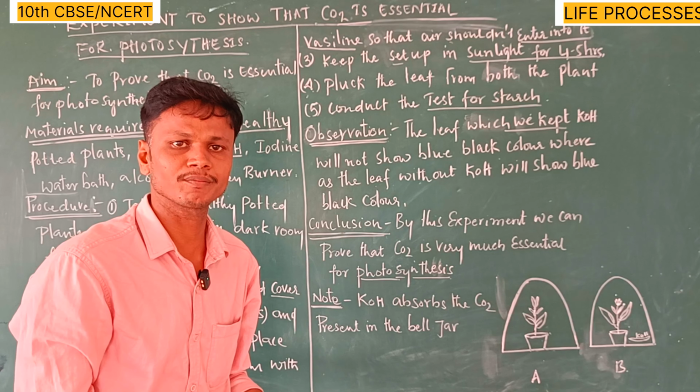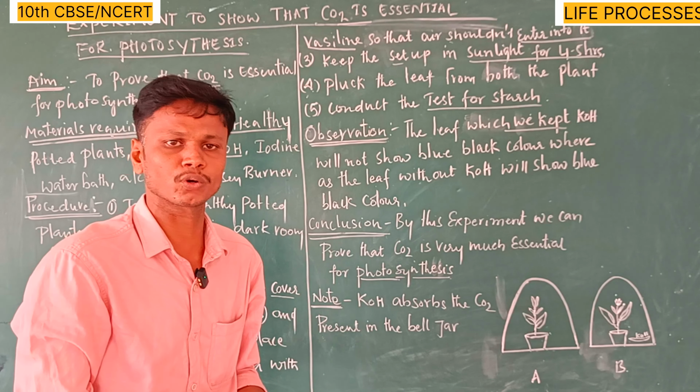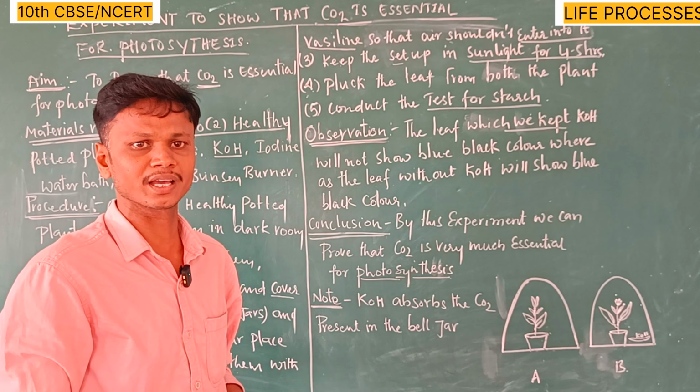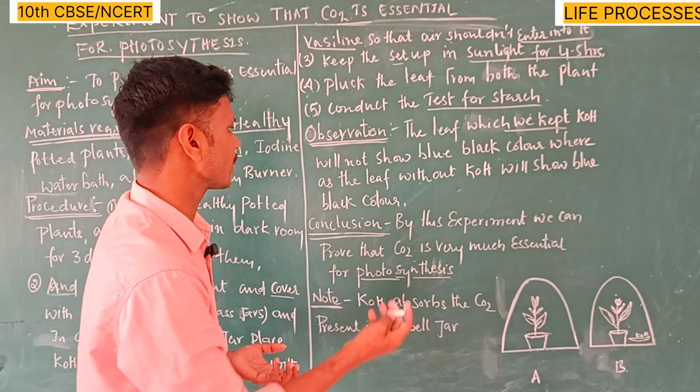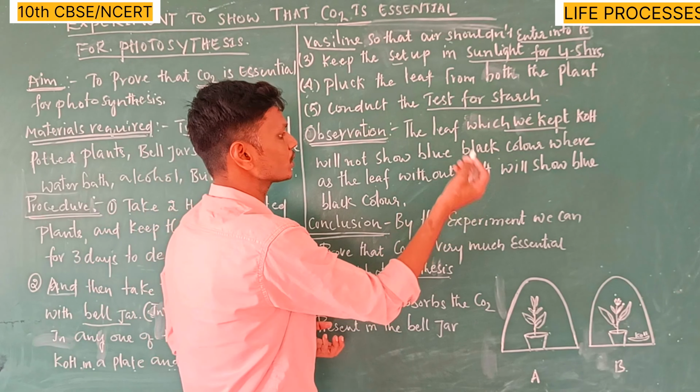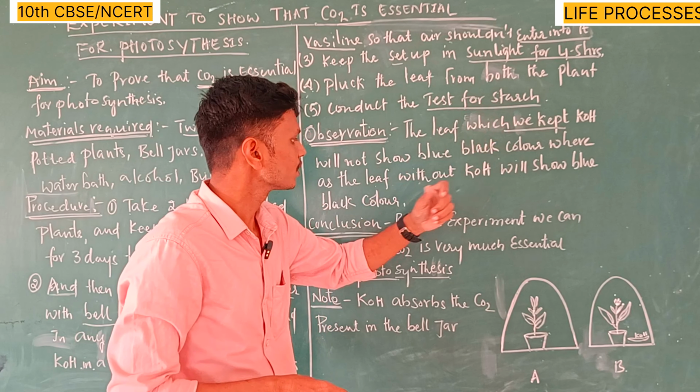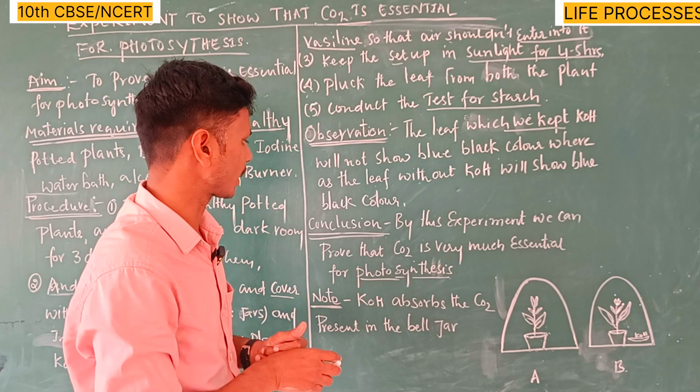If there is no photosynthesis, there is no production of starch. If there is no starch, it will not give any blue-black color when you conduct the test. The one without KOH, the bell jar without KOH, when you perform the starch test, will show blue-black color.